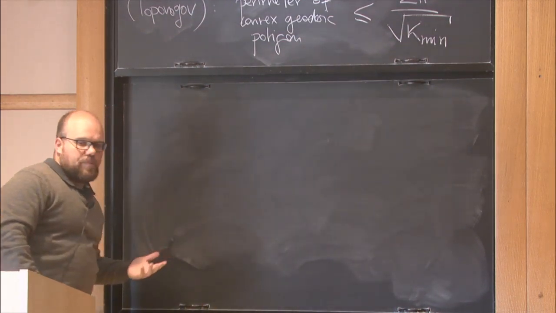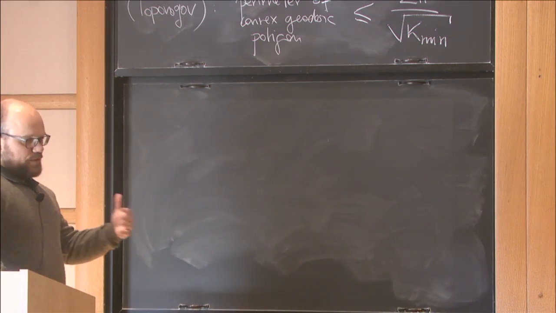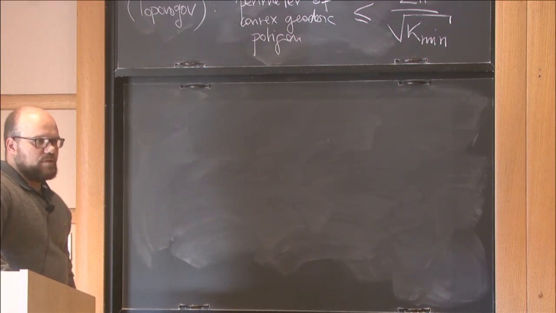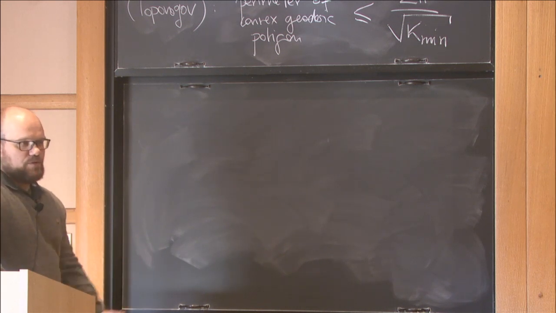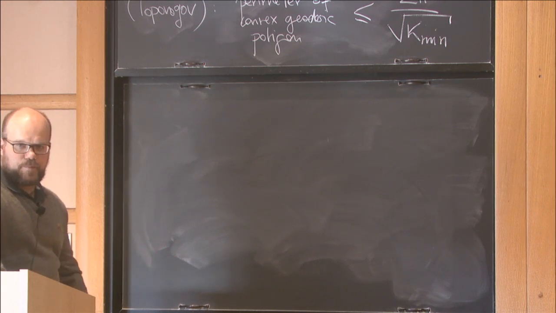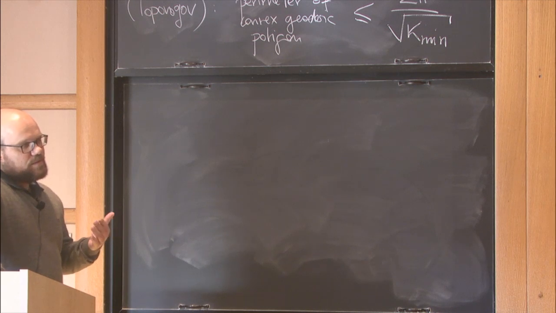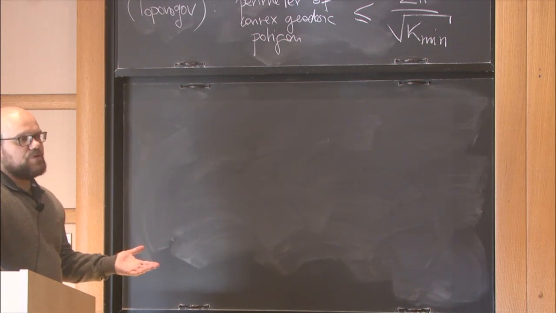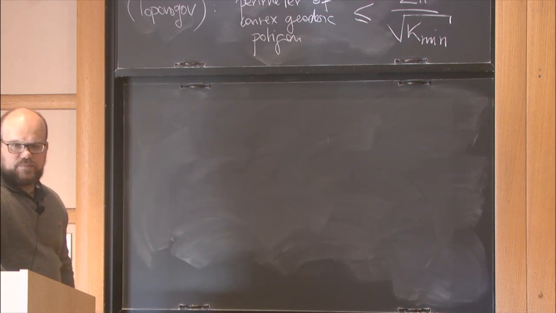Toponogov's theorem is about comparing triangles of the same sides between the space you're looking at, say the two-sphere, and the two-sphere with constant curvature for some constant below the minimum. And basically the statement is that the less curved you are, the smaller the angles of a triangle with the same sides.